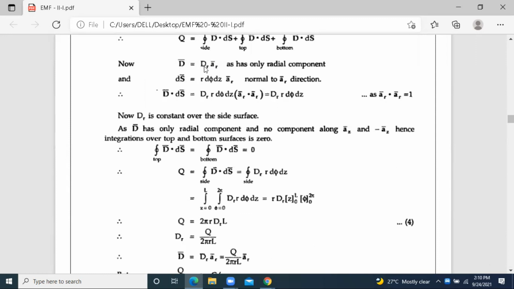So it's D_r a_r, because there is no component going out any other way.